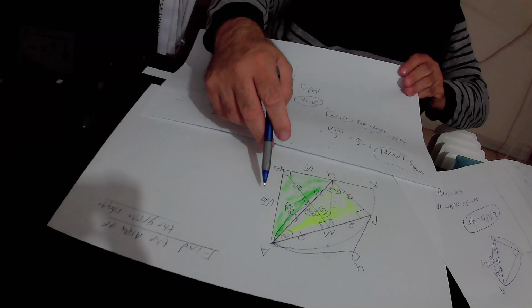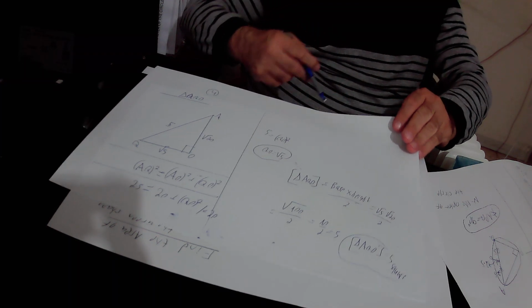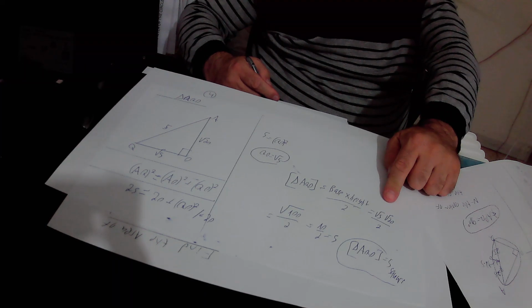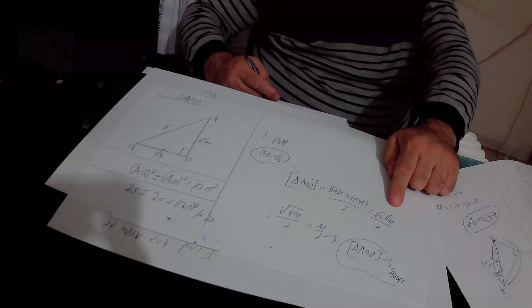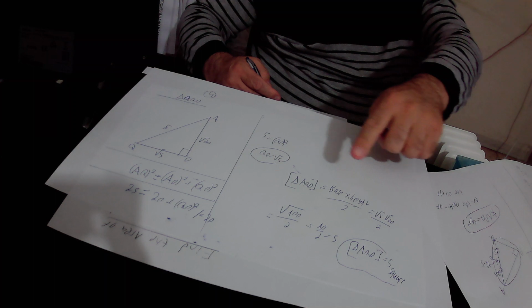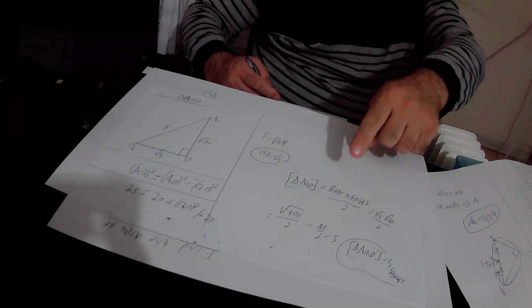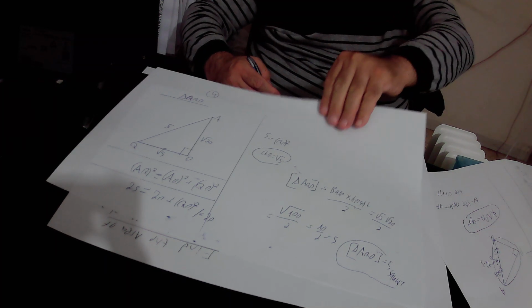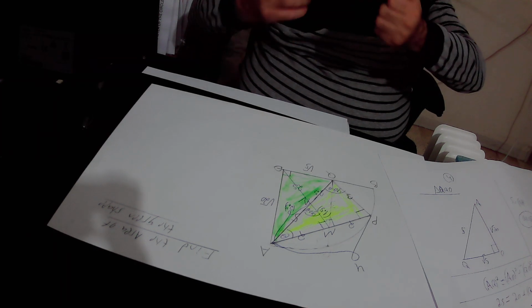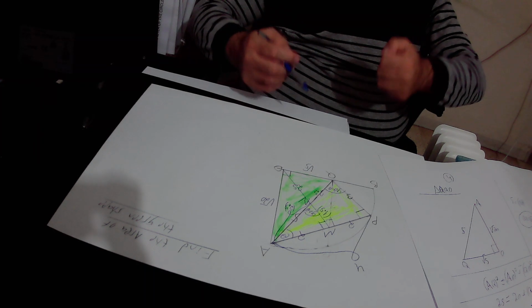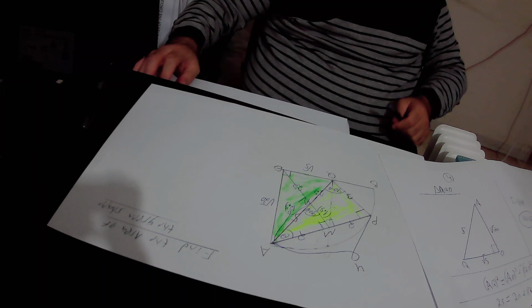The height equals the square root of 20 units, all divided by 2. Square root of 5 times square root of 20 over 2. Square root of 5 times square root of 20 is square root of 100 over 2. Square root of 100 is 10. 10 over 2 is 5. So finally we found that the area of this green right triangle, the area that we are looking for, equals 5 square units. Okay, thank you very much.